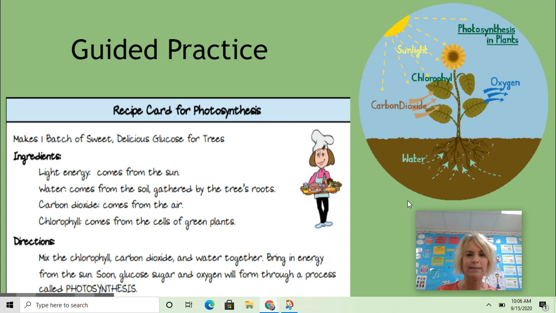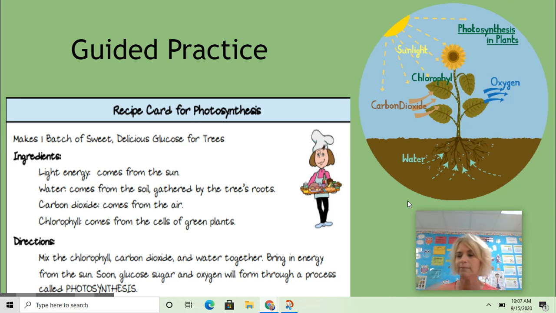So here's what happens. Just think about it as a recipe, like we're making something. You mix up the chlorophyll, the carbon dioxide, and the water together, and they bring in the energy from the sun, and then soon glucose, which is called sugar, and oxygen will form through a process called photosynthesis. And that glucose and that oxygen form in the leaves, no matter what size the leaves are.